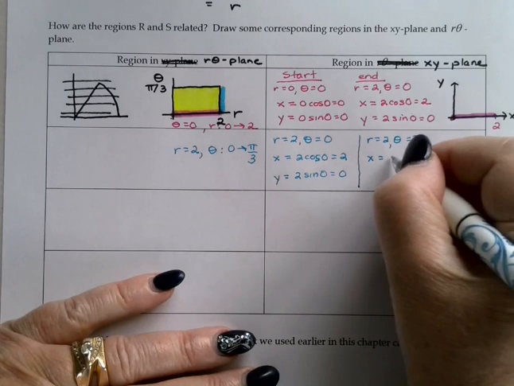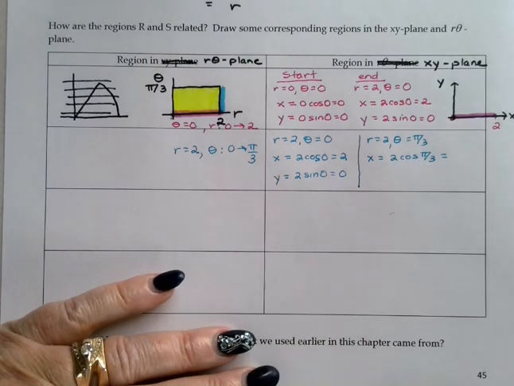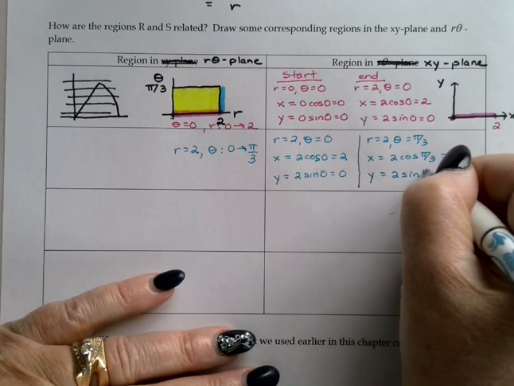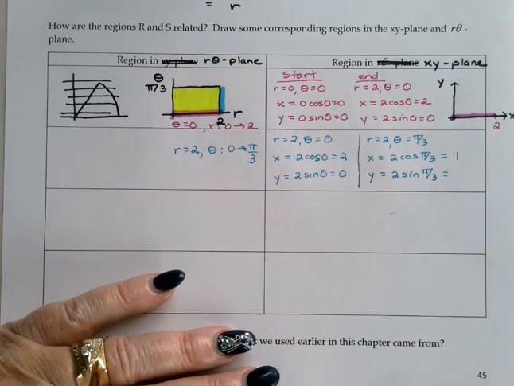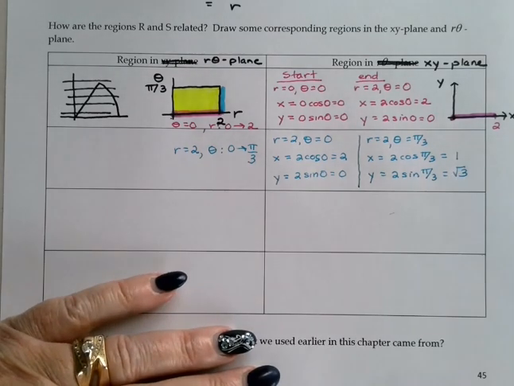So x would be 2 cosine pi thirds. Cosine of pi thirds is a half, so that's just 1. And y is 2 sine pi thirds. Sine of pi thirds is the square root of 3 over 2, so that just comes out to the square root of 3.